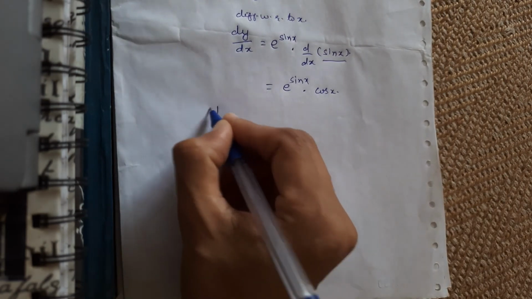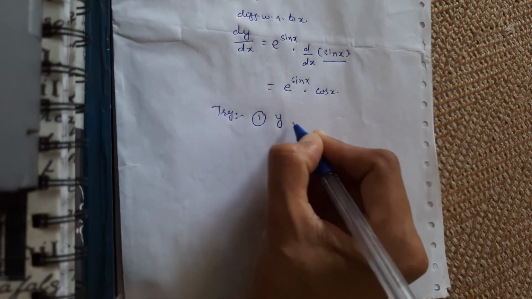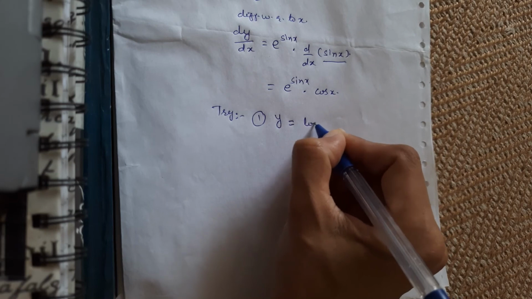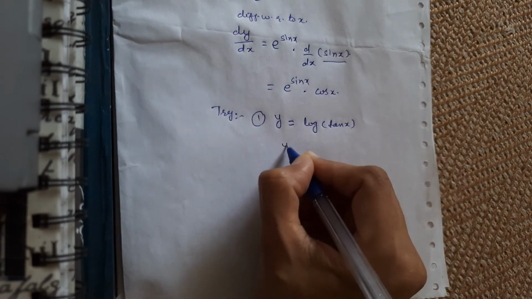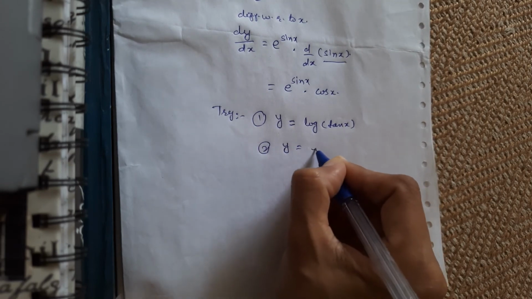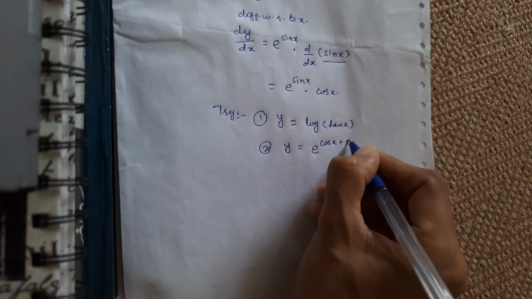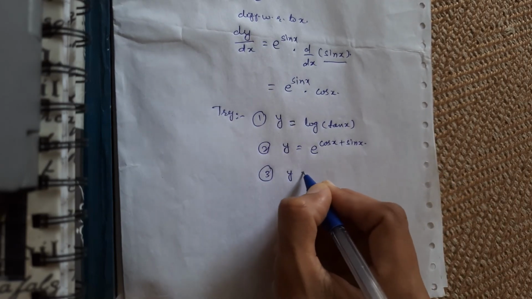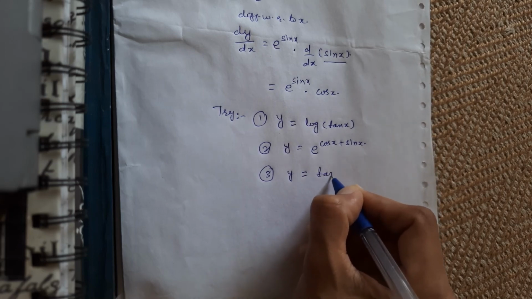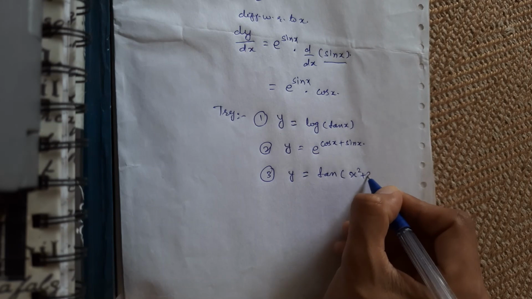Just try these examples. See how much you are able to solve. First, find the derivative of log of tan x. Second, y equals e to the power cos x plus sin x. Third, y equals tan of x square plus 3.